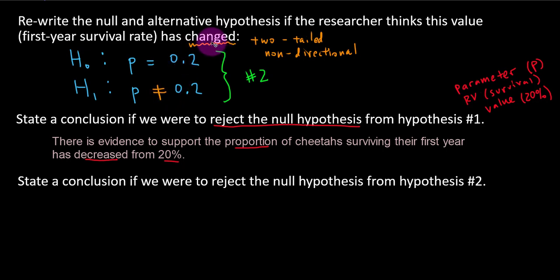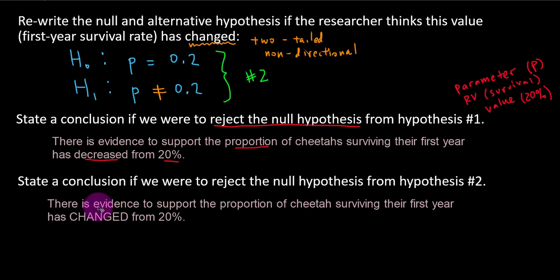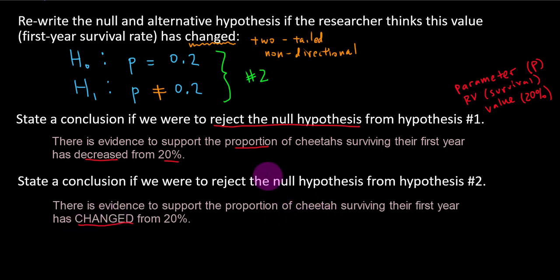These researchers were investigating if there was a change. So to state the conclusion here, it would look very similar, except instead of the word decreased, I'm going to write the word change. Otherwise, I can leave all the other elements in place. There's evidence to support the alternative hypothesis, which states that the proportion has changed, it's not equal, from 20%.